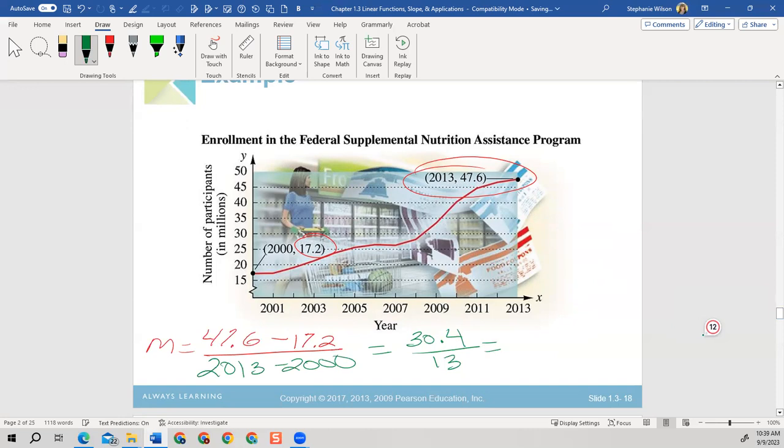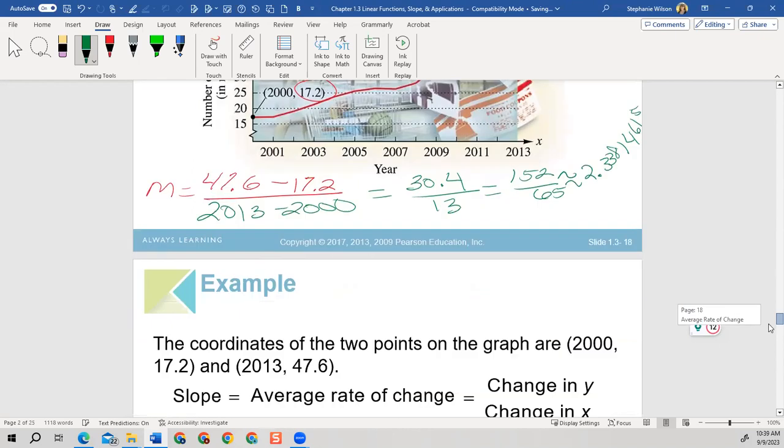I get a fraction of 152 over 65. If I put it in decimal, it's going to be a long decimal, so I'm going to put approximation instead of an equal sign. I didn't give myself enough room to write out my number. And your calculator may round sooner than mine or later. So I get this answer right here. So let's finish this up.